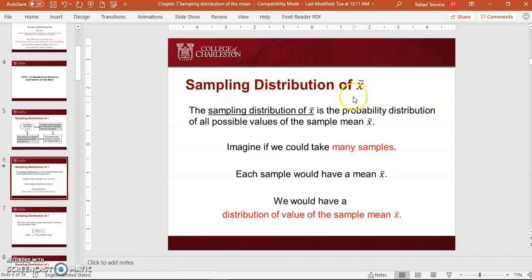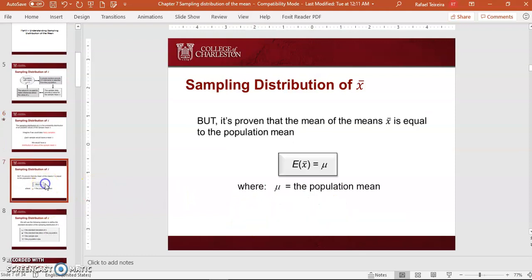Get used to the terminology. Sometimes it's confusing, but basically what we have is a distribution of possible sample means, which is the probability distribution of all possible values of the sample mean if we select many samples. Imagine if you could take many samples, each sample would have a sample mean, and then we would have a distribution of the sample mean.